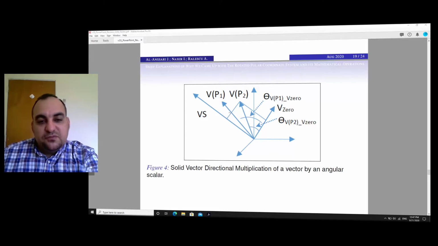Then we suppose V prime P1 vector length equal to vector VP2. Then we project V prime P1 on vector V0 and on vector Vs. Then we add the two projected vectors to get the direction of vector V prime P1. Then finally we multiply the length of vector V prime P1 by the length multiplier to get the final result, that's the vector VP1.